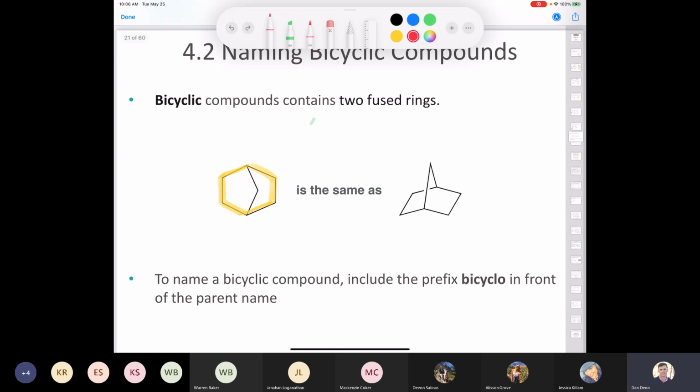If you number them, and we'll start here, we have 1, 2, 3, 4, 5, 6, and then you have 1 up here. That's 7. These positions right here, where the junction of the 2 rings are, we call bridgehead carbons. Why do we call them that? Because that's where the bridge is, right?